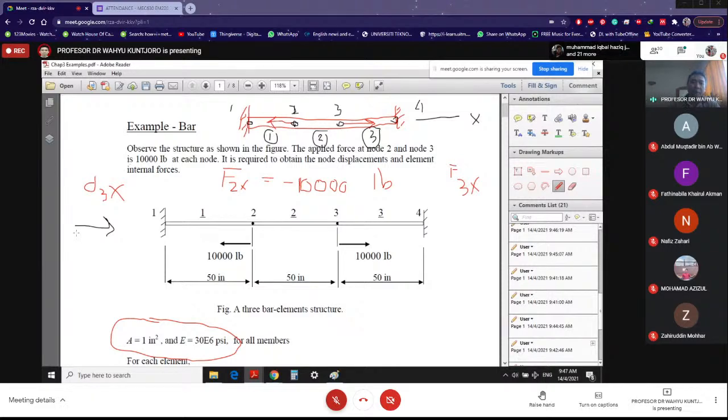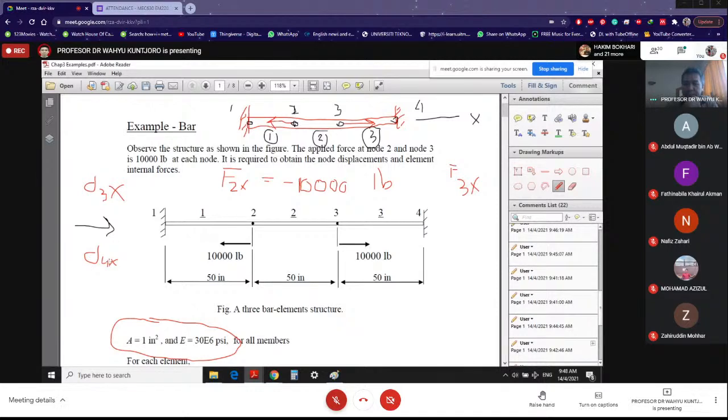However, if I'm talking about D4X, then you can say with confidence that D4X is 0. Nobody can deny that because D4X is support. If it is support, then that will be 0. So I hope you see that concept.